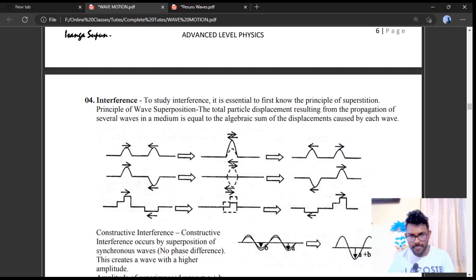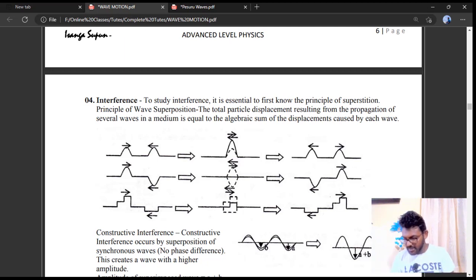This one has a certain amplitude, and this one also has a certain amplitude. Amplitude is the maximum displacement of the particle from the neutral position or the middle position, right? So if both waves are going in the same direction, I mean both waves have the same phase, then in here the wave tries to displace the particles in the material up.